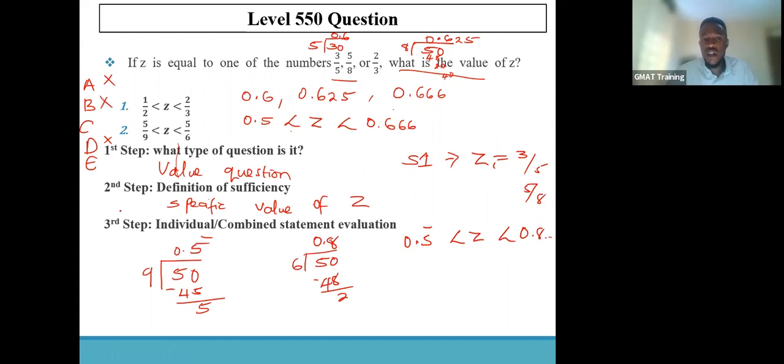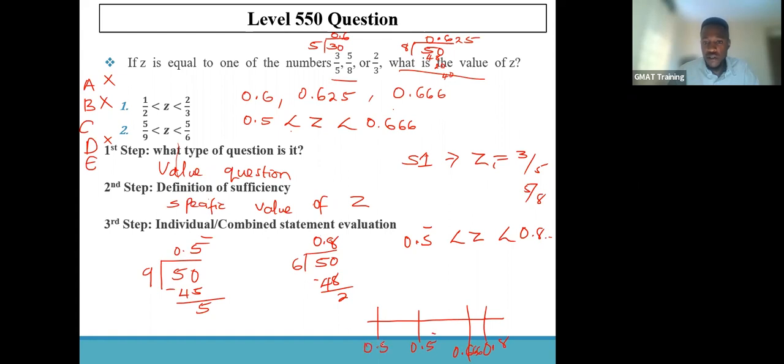So at this point, we can move ahead to combine the two statements to see if they present any new information. If we look at the combination of the two statements, we can see the regions that they are specifying: we have 0.8, 0.6, 0.66, and 0.5 recurring.